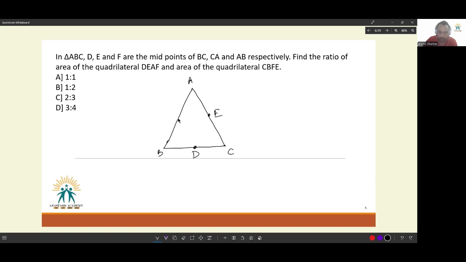This is E. F, this is the midpoint here. Find the ratio of area of quadrilateral DEAF. These will be parallel because they are midpoints. By the midpoint theorem, this will be half the length of AC and parallel to it.